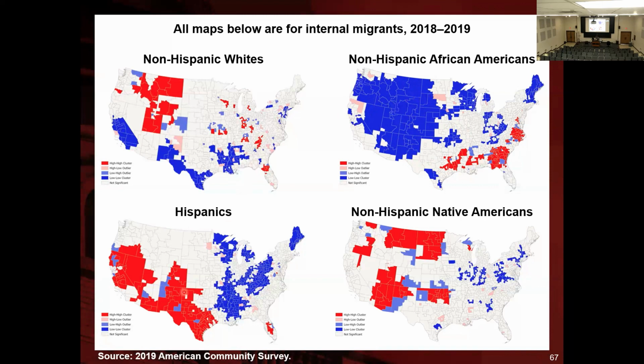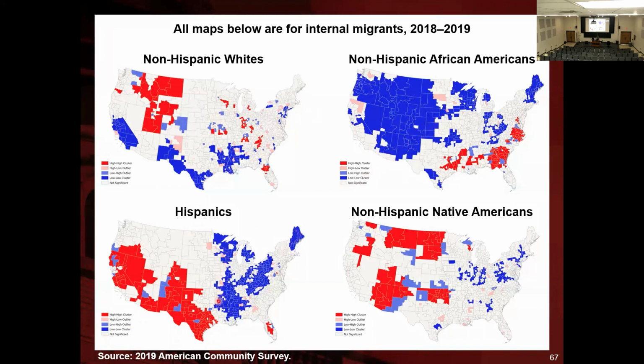Hispanics, also another pattern, right? Again, these Hispanics here can be either US born or foreign born. But those that move within the US move into areas closer to the southern border. Of course, more spread out, farther away from the border, but it's still a really clear pattern here, different than what you saw for whites and African Americans.